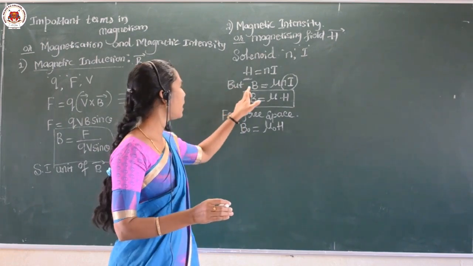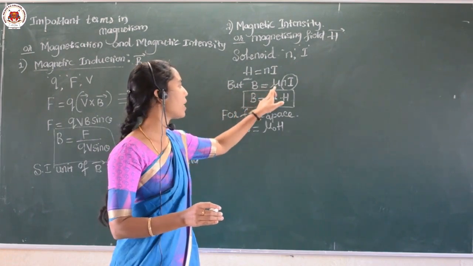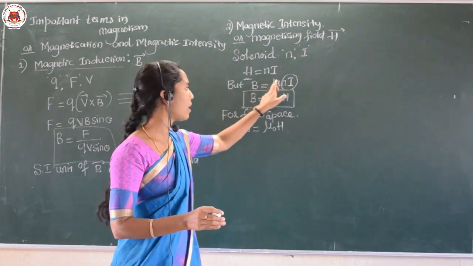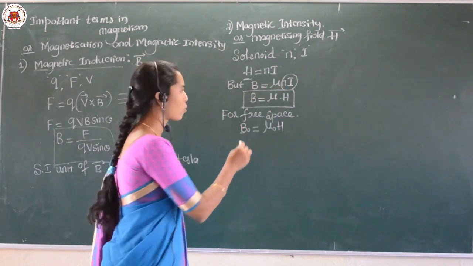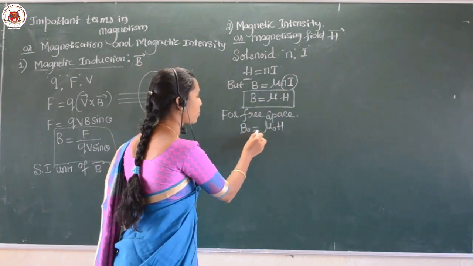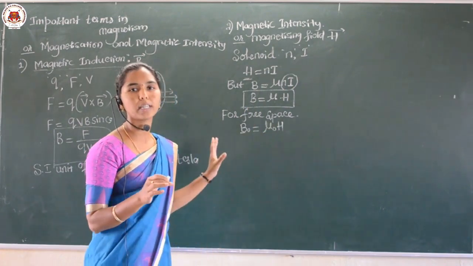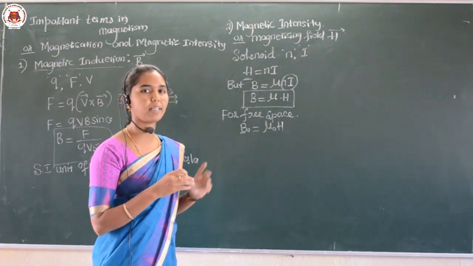If B is the magnetic induction in the solenoid, then it is mu into nI, and nI is replaced by H. So B is equal to mu H, or for free space B naught is equal to mu naught H. This is the important relation between B and H.